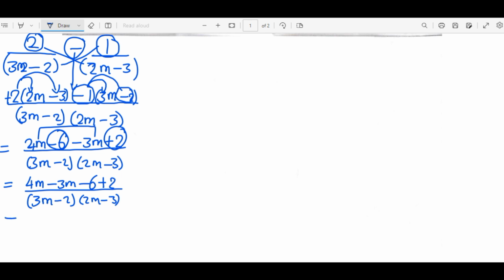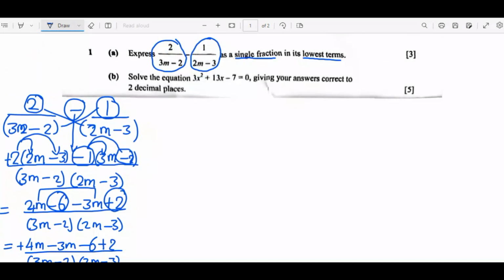The last part is we just have to do some subtractions since we have different signs. So 4m minus 3m is just m. Negative 6 plus 2 is negative 4. As we can see, we formed the single fraction in its simplest form because we cannot simplify it further. So that is our first part.